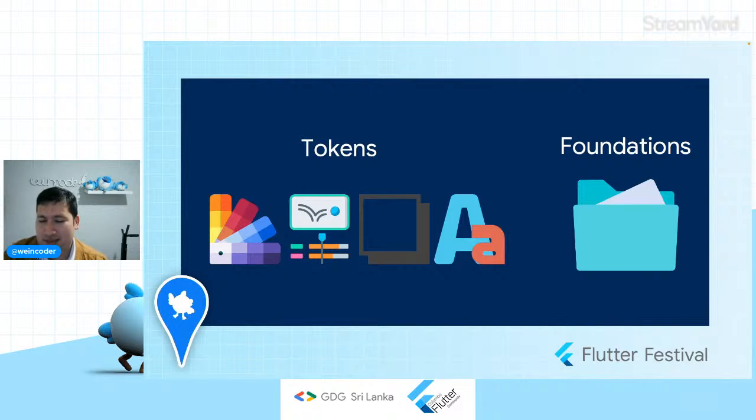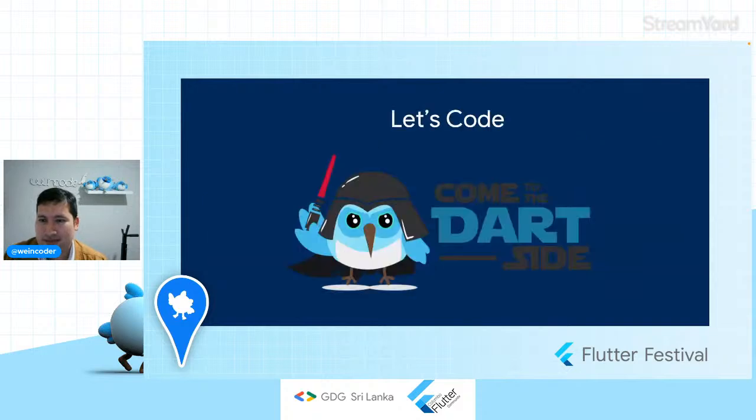The advantage is that when changing some color of the brand, font, shadow, or animation, all elements are updated automatically with the new values. Why? Because in the foundation layer, the components are correlated with the tokens. Then we establish a bridge between the token and the widget definition in the foundation layer.